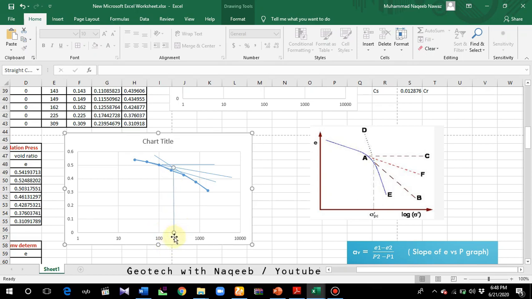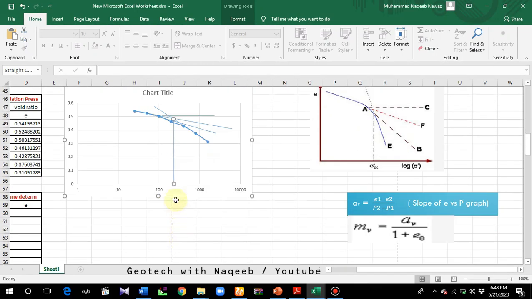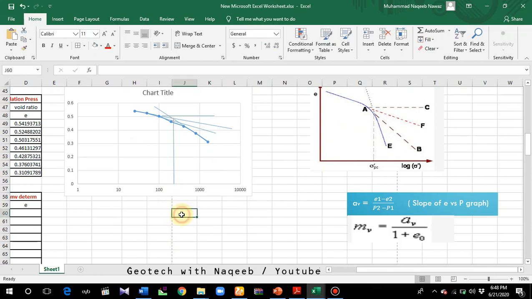So our pre-consolidation pressure is almost 210 kPa. Here you can see almost 210 kPa. So 210 kPa is the pre-consolidation pressure. This is how we can find out the pre-consolidation pressure.